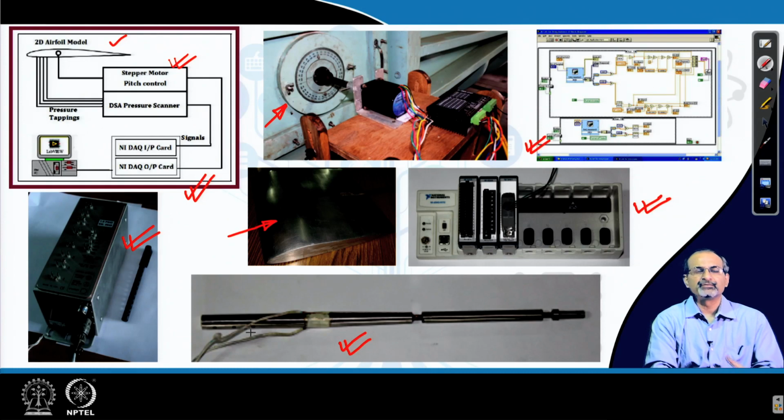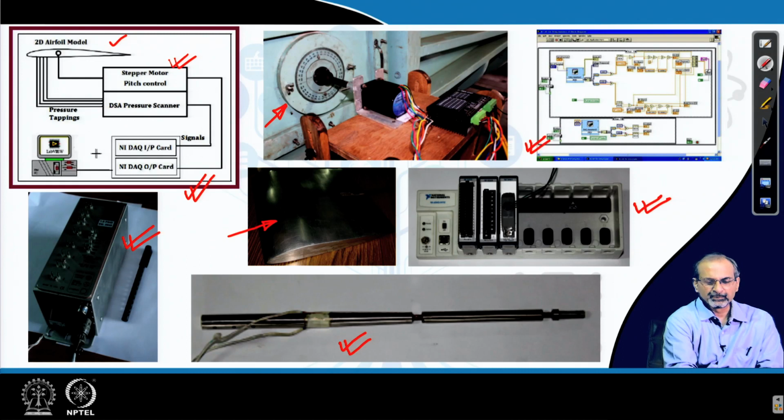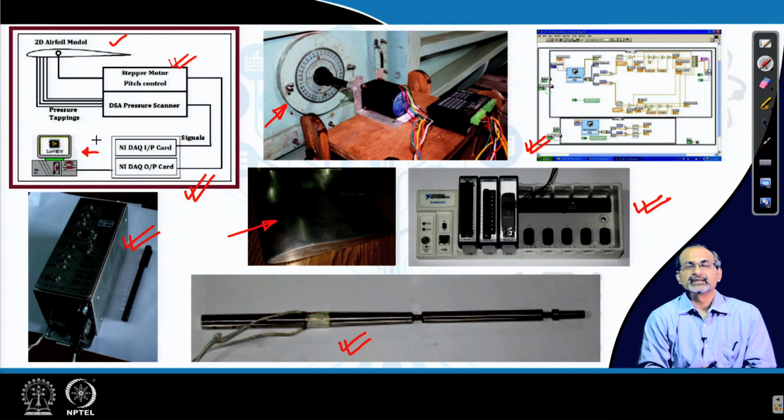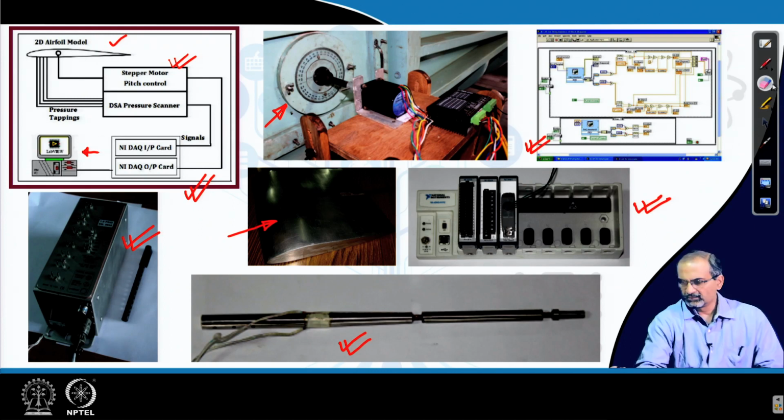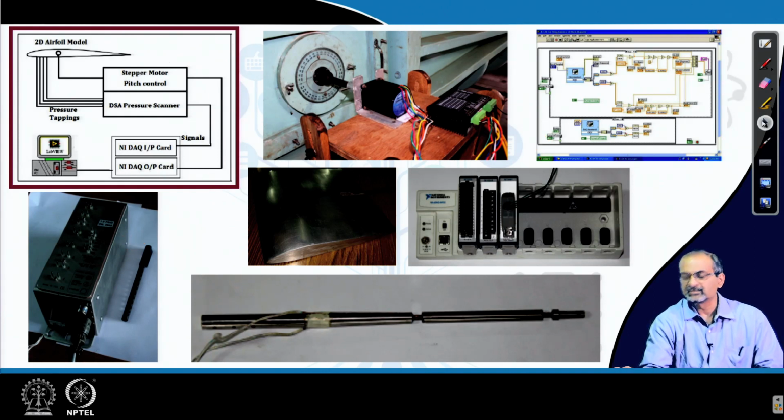For example, amplifying the signal, changing it to a format where you can further provide it to a PC, where you can save it, and process the data either real time or offline. Therefore, electronic instrumentation is a very, very important aspect of modern day wind tunnel testing. In this lecture, we will mainly concentrate on electronic transducers, which happen to be one of the elements in the electronic instrumentation.